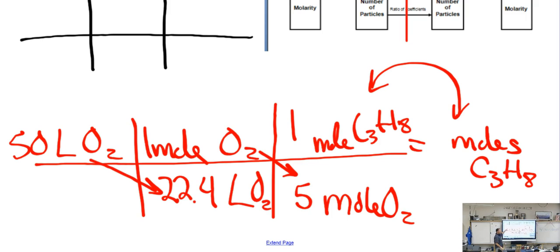So now, a lot of people, math-wise, screw up in their phones. This is 50 divided by 22.4 times 5. If you're using your phone, I would write them out. I would say, all right, I have 50, and then I would multiply 22.4 times 5. That's going to be around 112, okay? So it's 112, and then I would divide them.